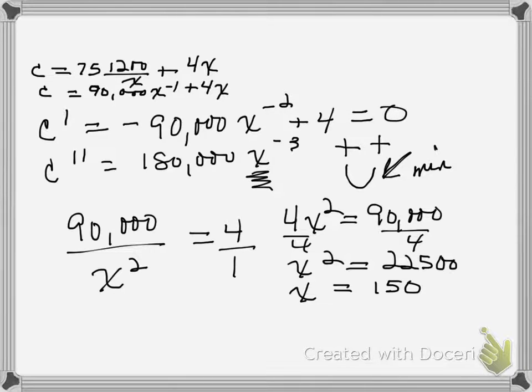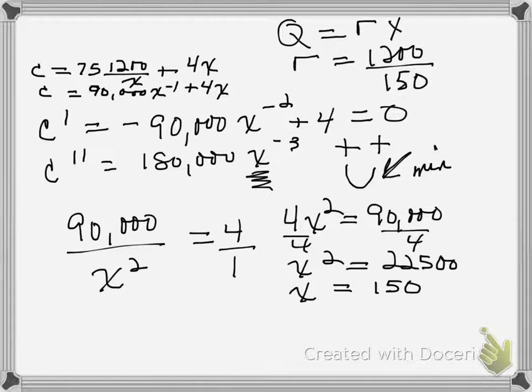Okay, so now we have to remember that Q equals R times X, and we already know that Q has to be 1200, so we had already set up that R equaled 1200 over X, and if X is 150, then doing the math, we can see that R is going to equal 8. This is our economic order quantity.